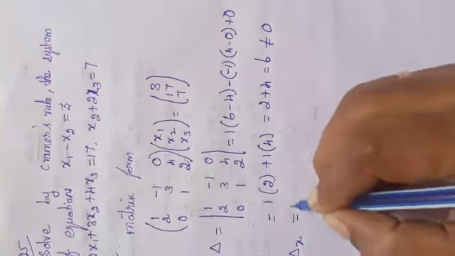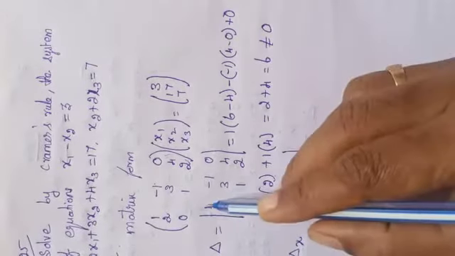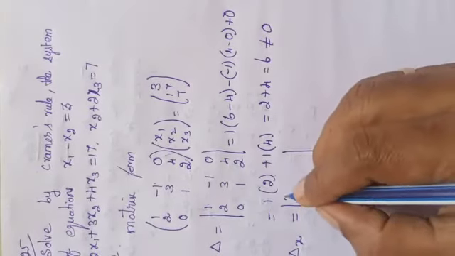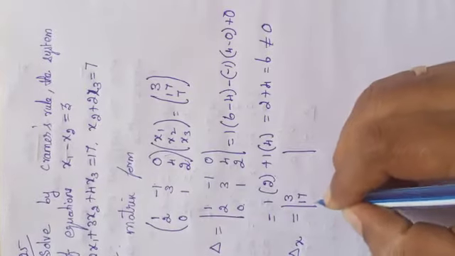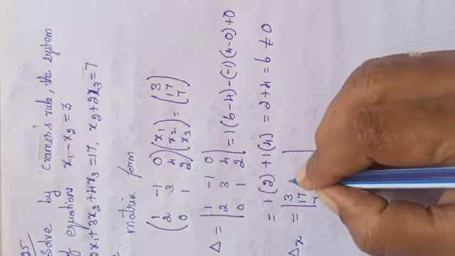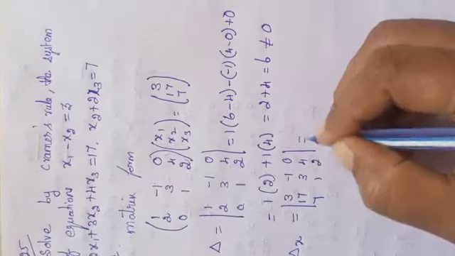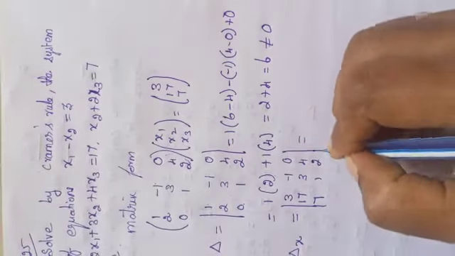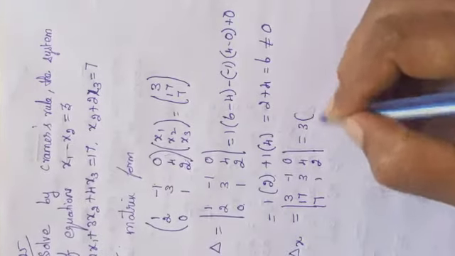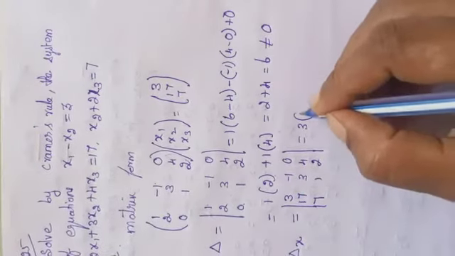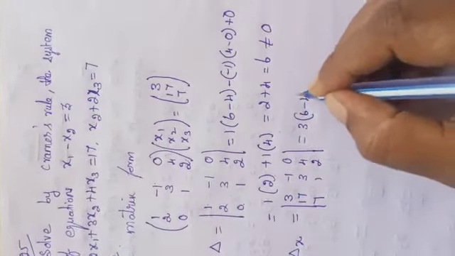Now delta x is equal to the determinant. In place of x, we have to use the constant values, that is 3, 17, 7. The remaining two as they are: minus 1, 3, 1, 0, 4, 2. Is that clear? Now shall we simplify? So 3 into, leaving the row and column, 3 into 2 is 6, minus 1 into 4 is 4.